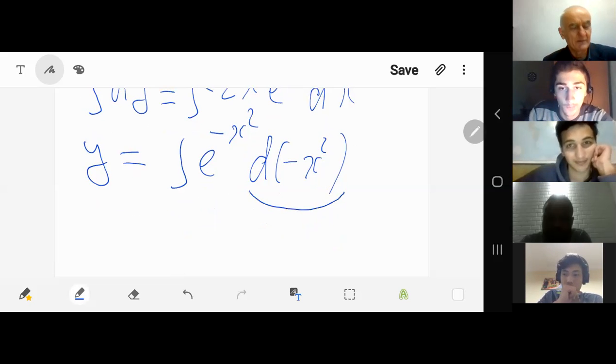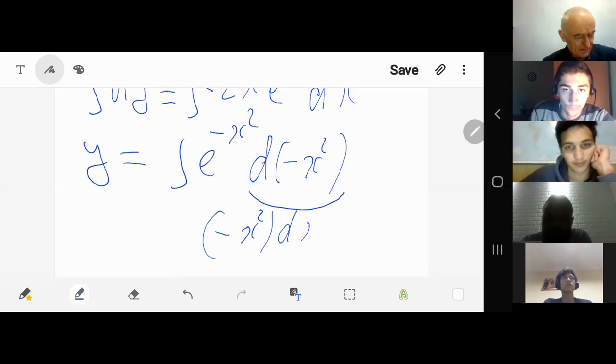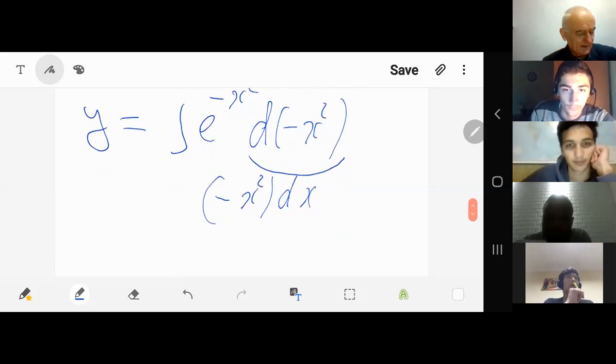d of minus x squared is the derivative of minus x squared times dx. So that is minus 2x dx.